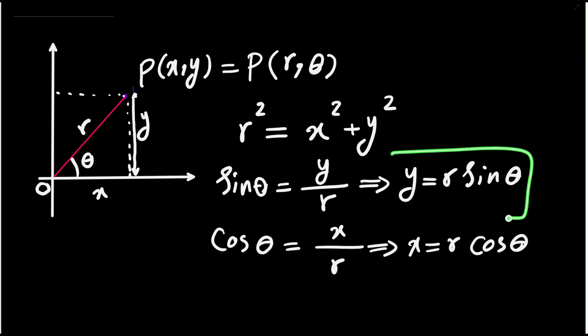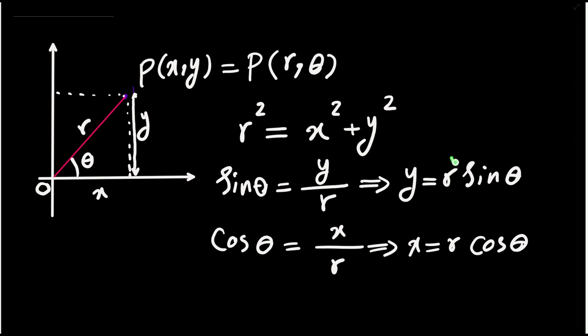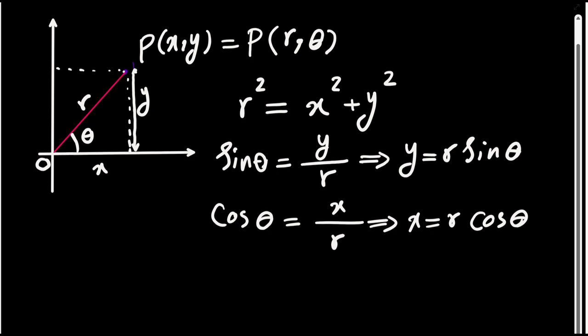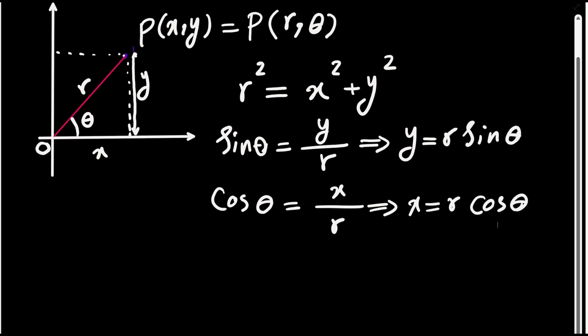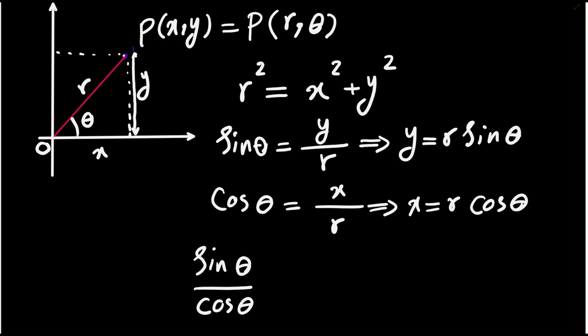So these two equations tell you that if you have r and theta, then you can calculate y and x. How can you calculate theta? If you divide the equation of sine by the equation of cosine, you know that sine of theta divided by cosine of theta equals tangent of theta.